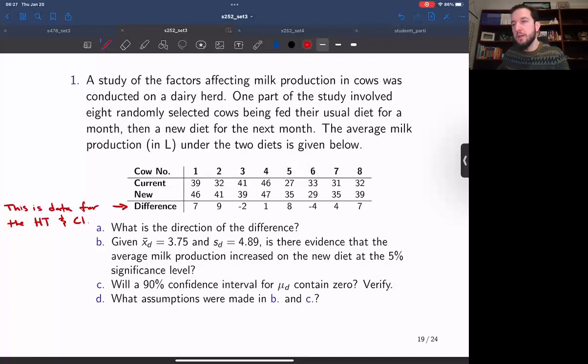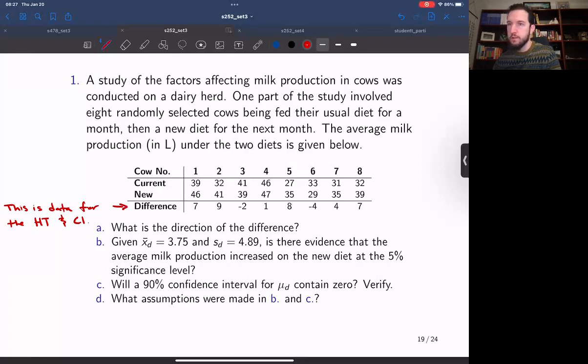I mentioned before that we have that pre-processing step. In that step, we compute the differences. Computing the differences literally just means subtracting one value from the other for each observation.